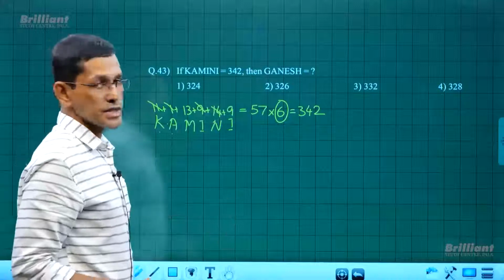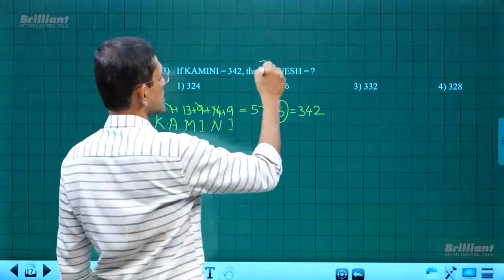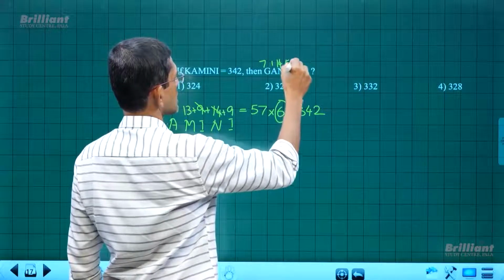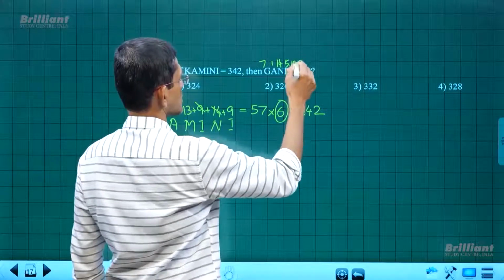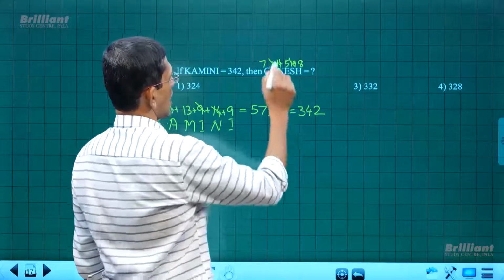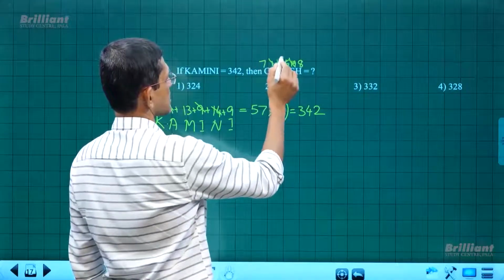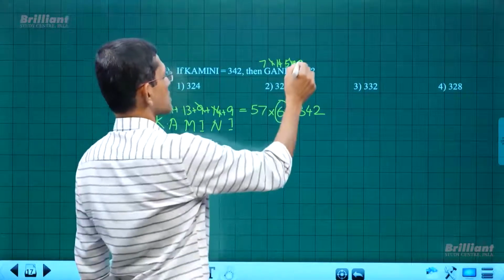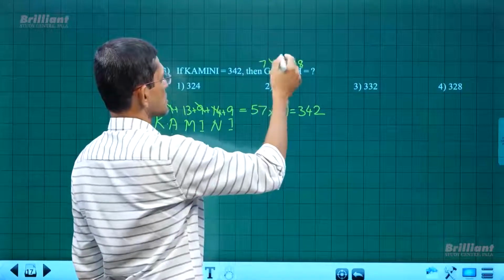And try this, Ganesh. Ganesh, well, 7, 1, 14, 5, 19, and 8 are the position values. So 19 plus 1 is 20. Then 7 plus 5, it's 12. 12 plus 8 is 20. So 20 plus 20 is 40.